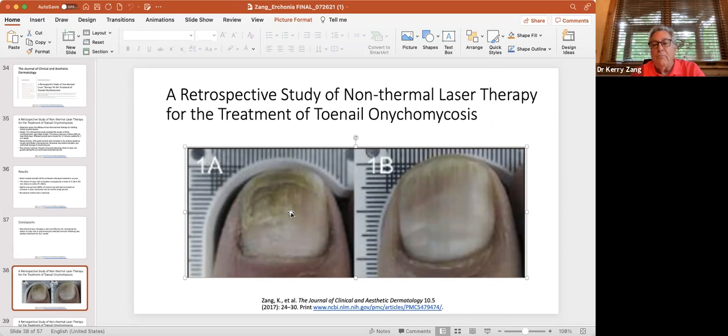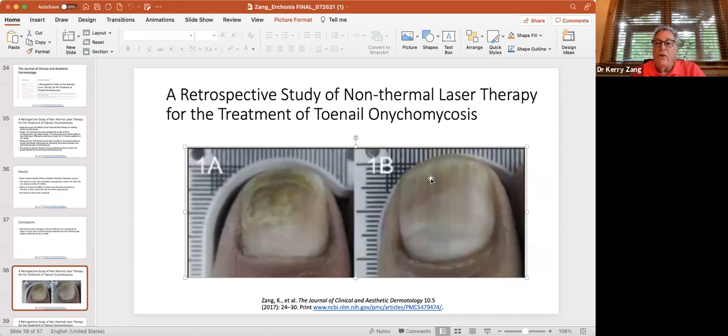You'll see it better in other slides, but you can see the change in the thickness of the nail as it's growing. The third laser treatment was down here. You can see the little laser treatment line. And then you can see how quickly the nail growth becomes faster with multiple laser treatments.